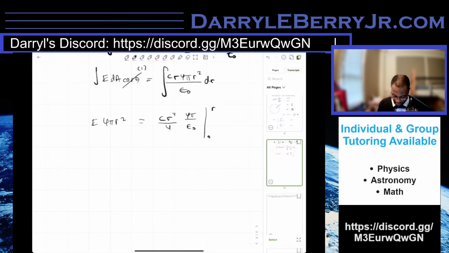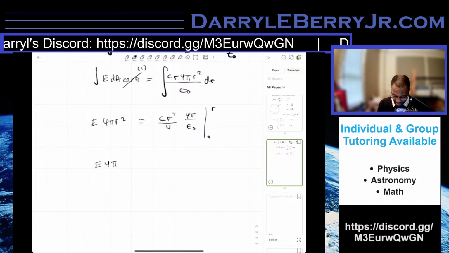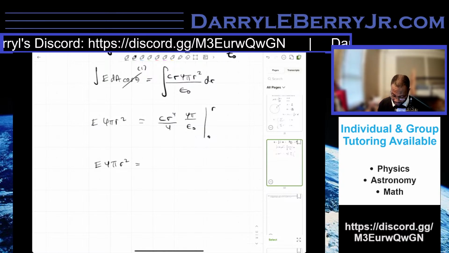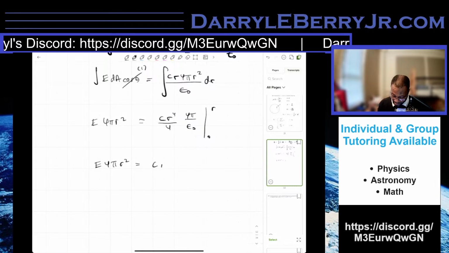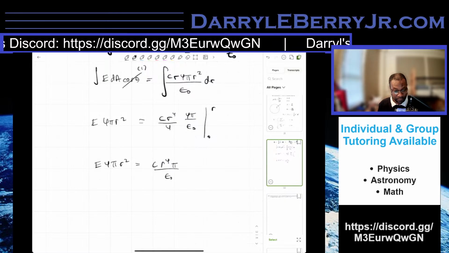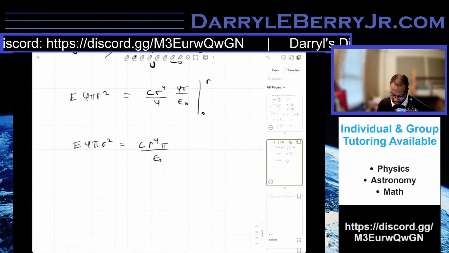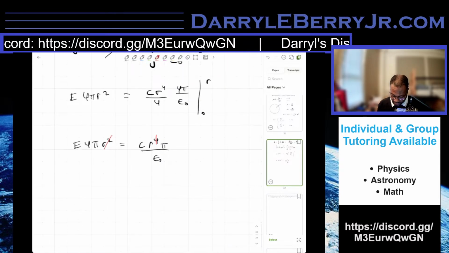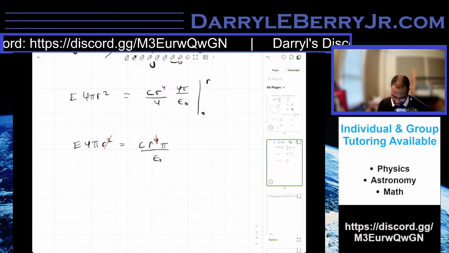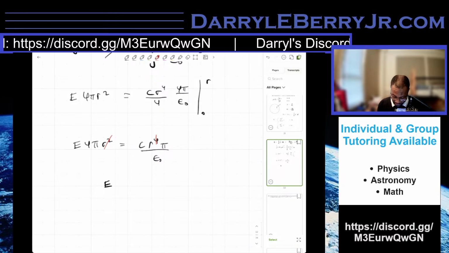It's going to be E 4 pi r squared equals C r to the fourth pi over epsilon naught. And now we could cancel these two. So this will be E equals, and cancel this as well.